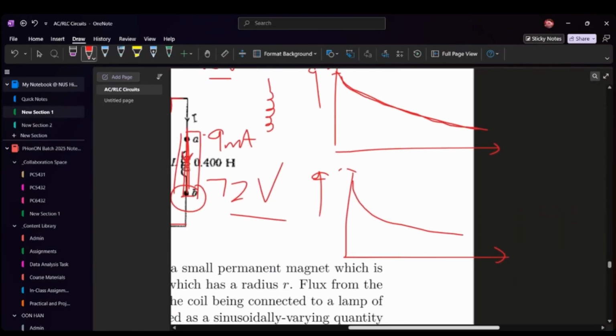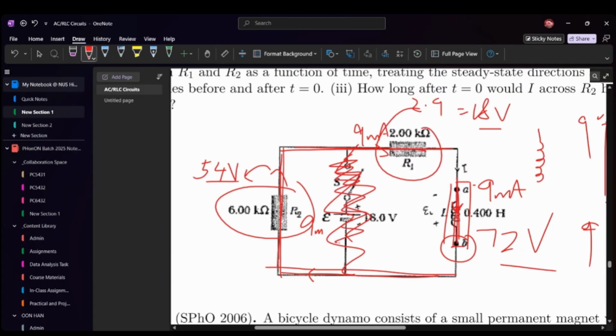Correct me if I'm wrong, because what I can tell is that this thing is completely gone.